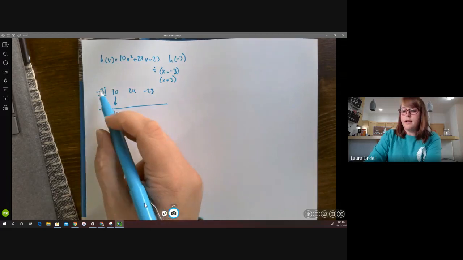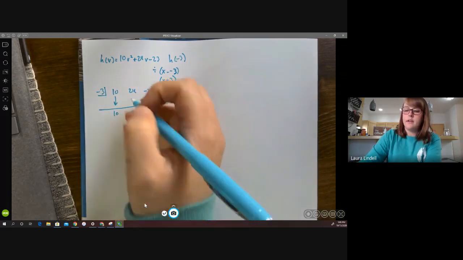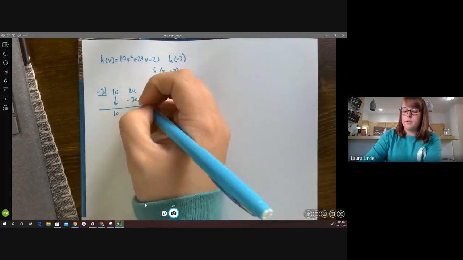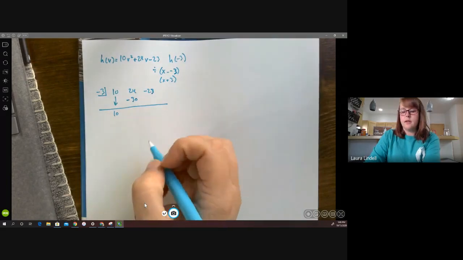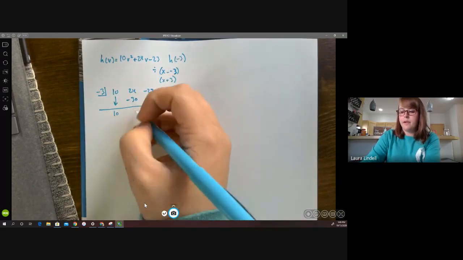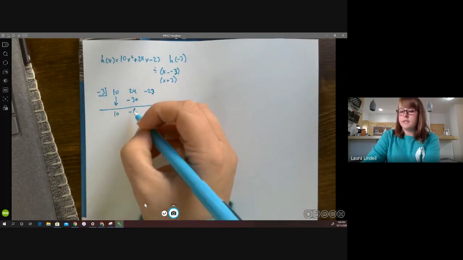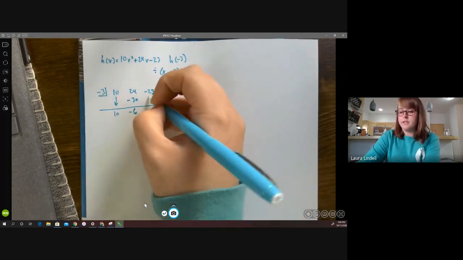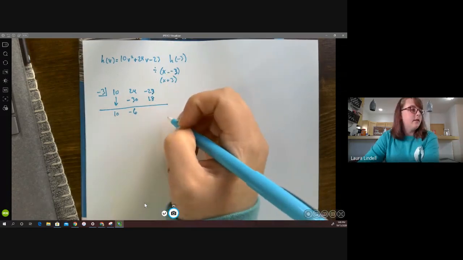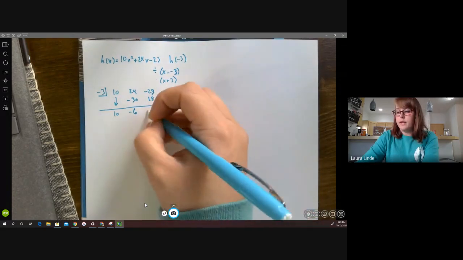Then we multiply -3 times 10, and we get -30, and that's what goes here. And then we add them, and we get -6. -6 times -3 is +18. Then we add them, and we get -5.